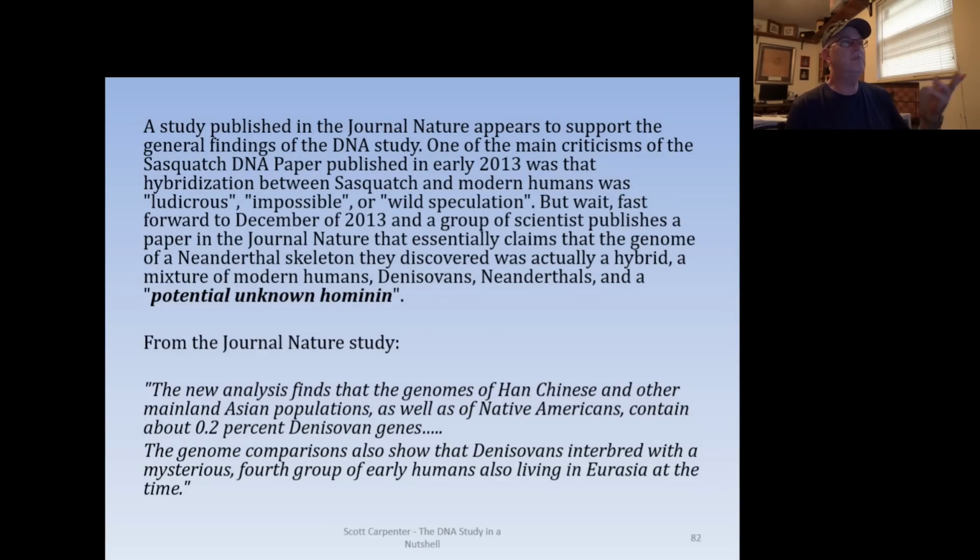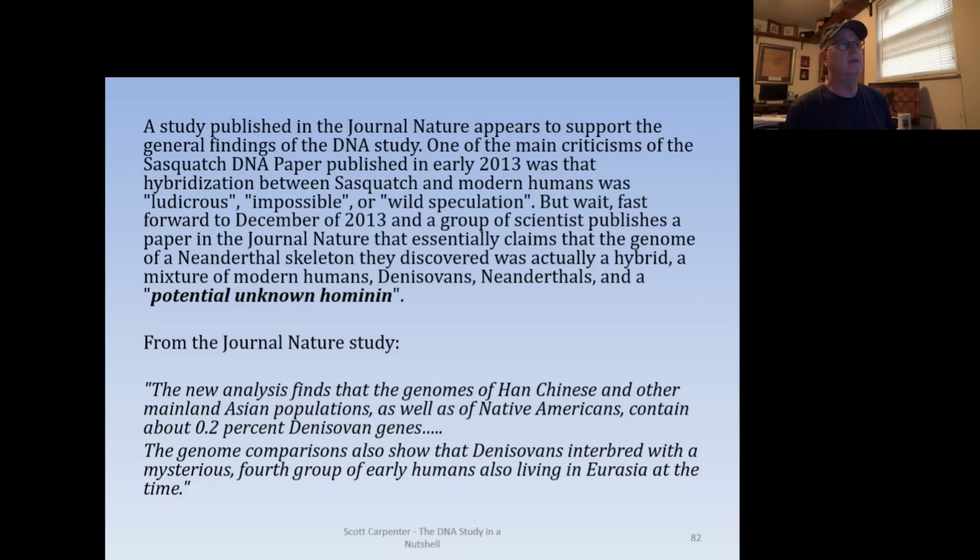A study published by the journal Nature appears to also support the general findings of the DNA study. One of the main criticisms of the Sasquatch genome paper published in 2013 was that hybridization between Sasquatch and modern humans was ludicrous or impossible or a wild speculation.